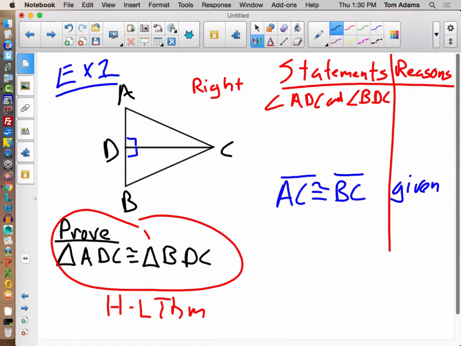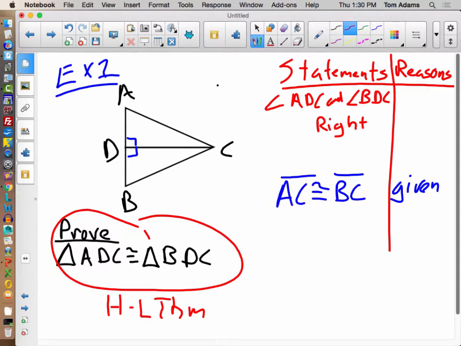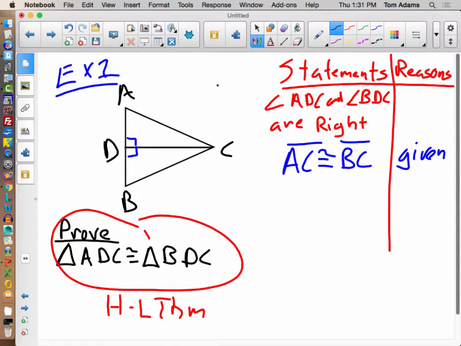All right, so this is going to go right here. Dang it. All right. Sorry about that. So this is given as well. All right, so they've given us this information, and what that means is that this is congruent to this.